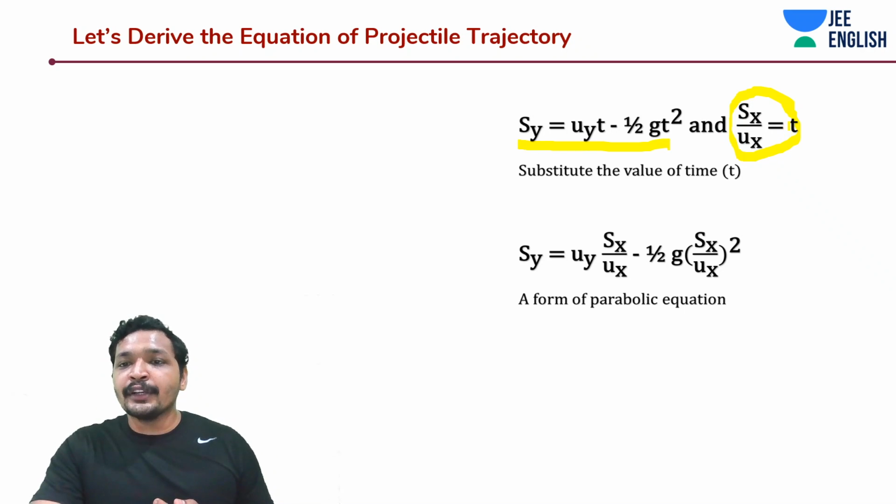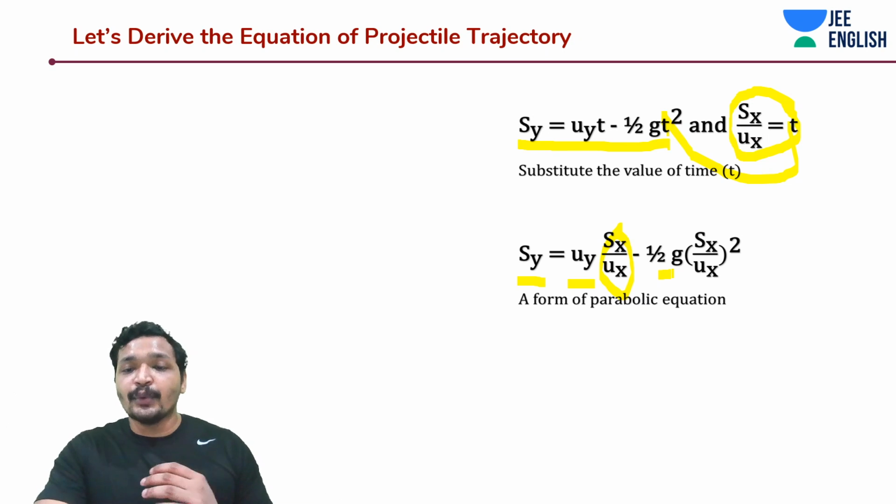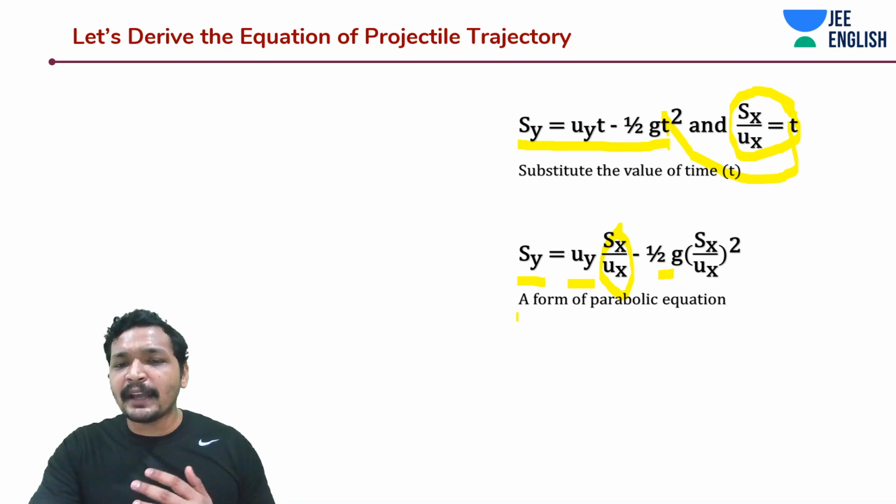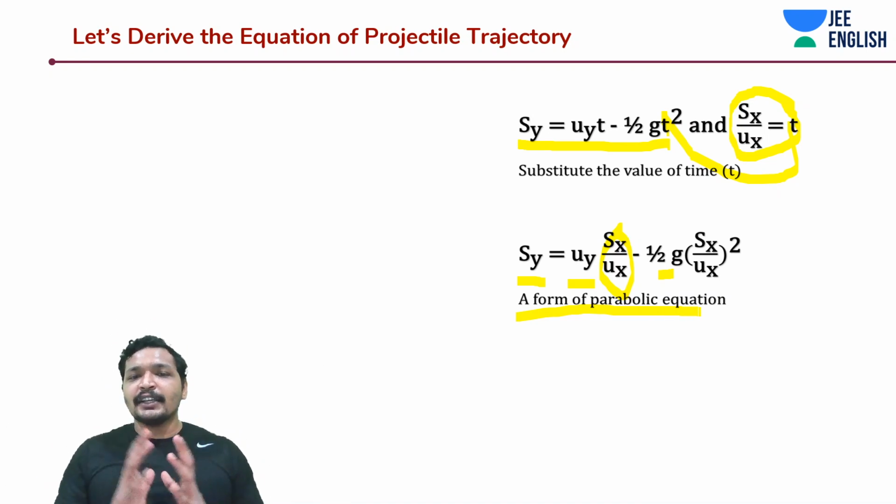I'm going to substitute this as the time. And then you'll find that sy is equal to uy into sx by ux minus half g into sx by ux whole squared. It's in the form of a parabola, right? It's like a parabola equation.